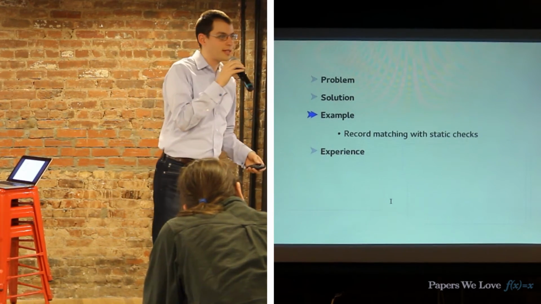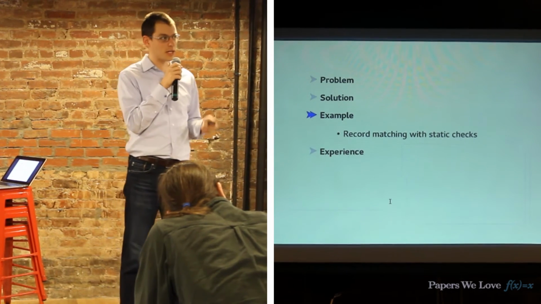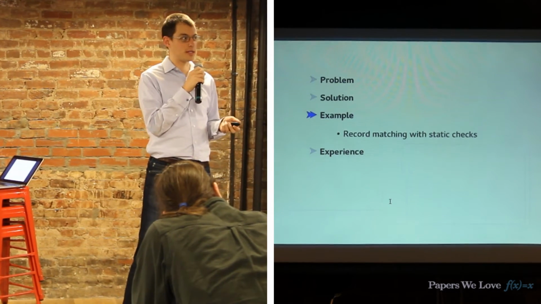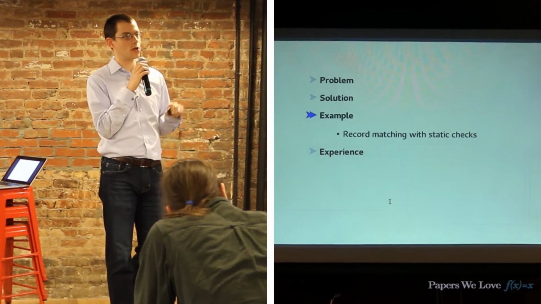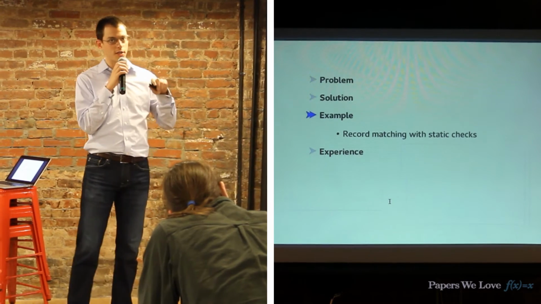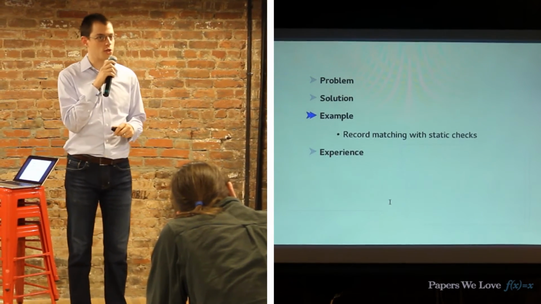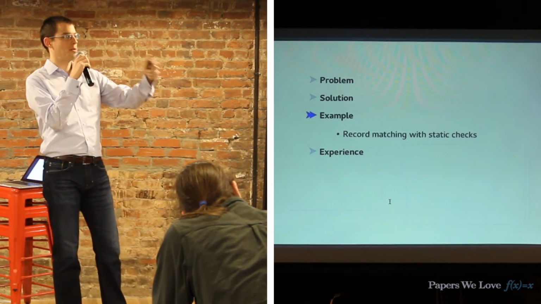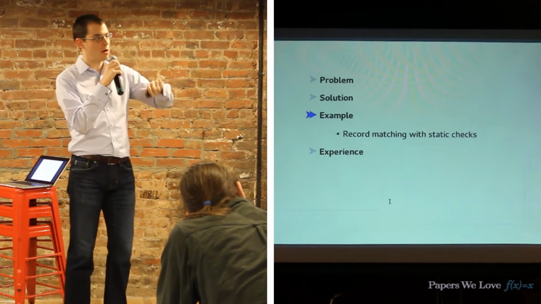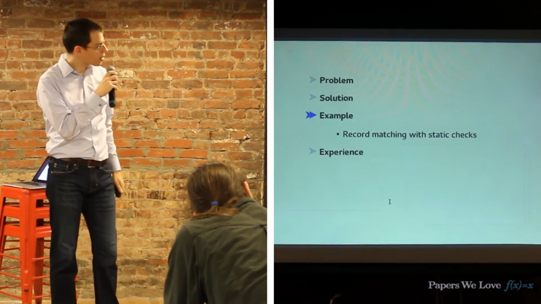So that's the basic structure of the solution. We're going to express our dependencies, and in particular, express our dependencies for particular times, not just for particular names. We're not going to assume that everything is always available at every time. We're going to say we need this now, we need this later, we need this at compile time.